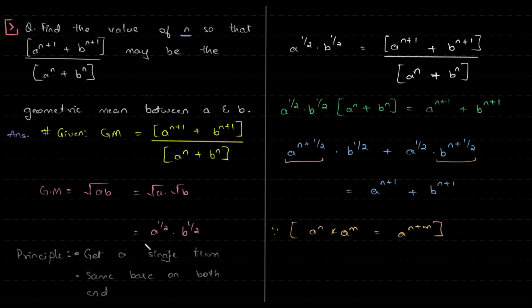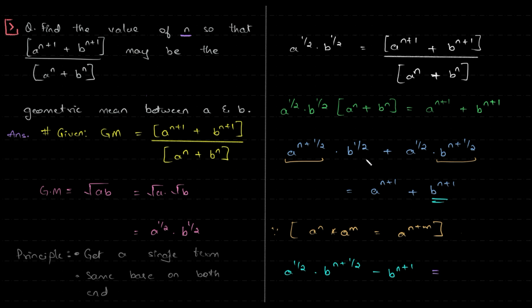That's the whole principle. So to do that, let me get this term. Actually, this is smaller, right? In power, this is smaller. So let me take this across to the right hand side, while I'll keep a to the power of half into b to the power of n plus half, and I'm transposing this onto the LHS, right?